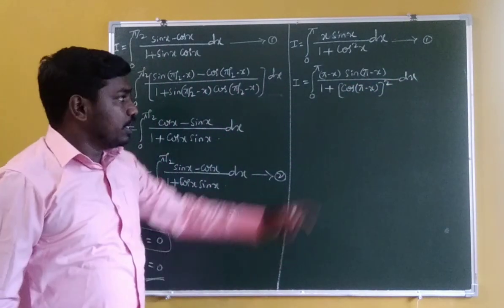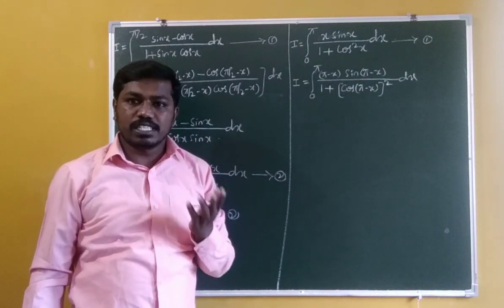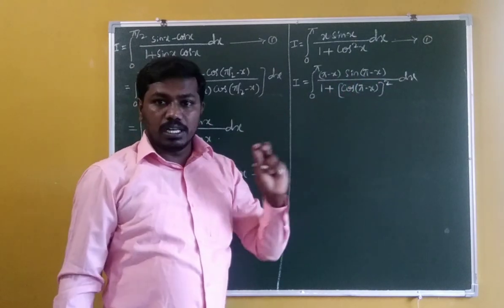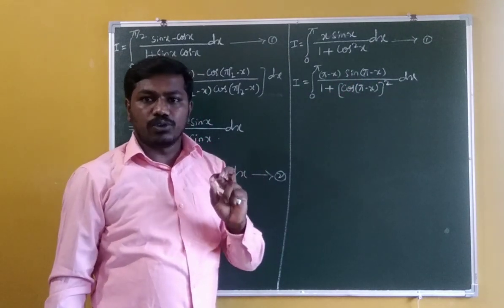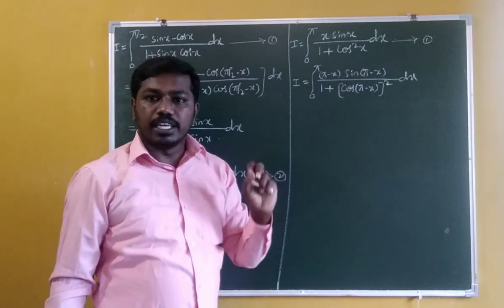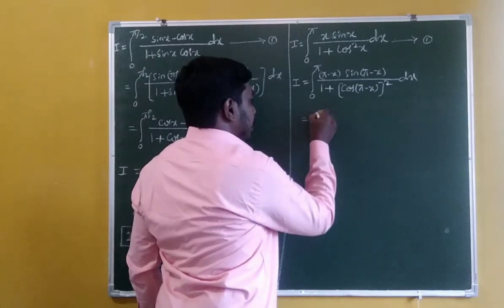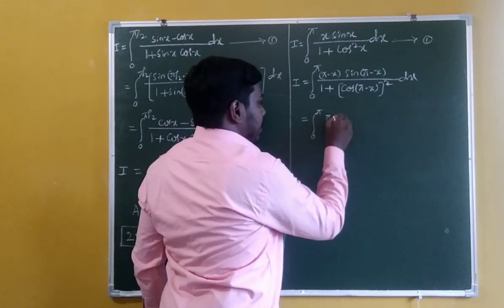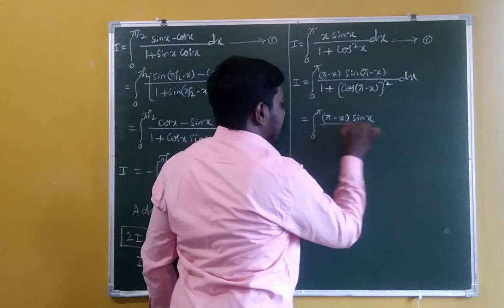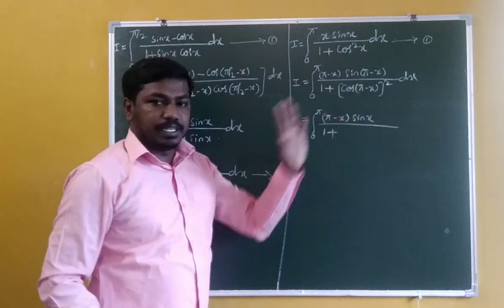Sin of 180 minus theta is just sin x, since 180 minus theta lies in the second quadrant, where sin is positive. So the integral from 0 to pi of (pi minus x) into sin x, divided by 1 plus cos of 180 minus theta.